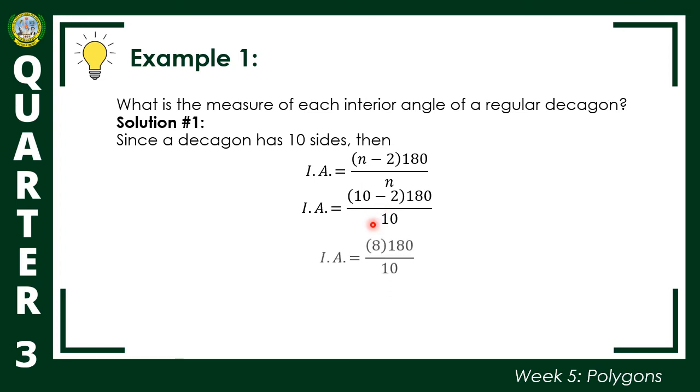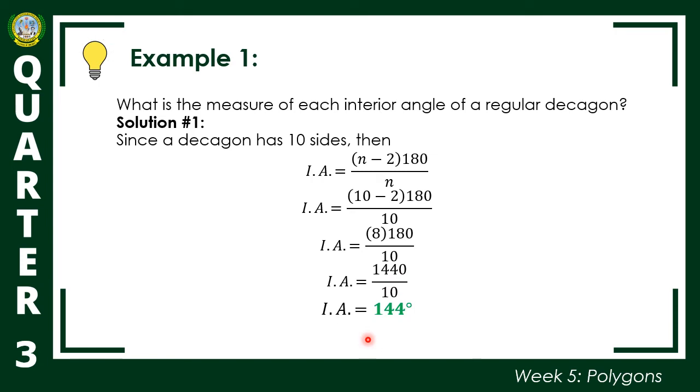And that will give us 8. 8 times 180 will give us 1,440. And finally, we will divide it by 10. And we will get 144 degrees. Therefore, the measure of each interior angle of a regular decagon is 144 degrees. Remember to always follow PEMDAS rule.